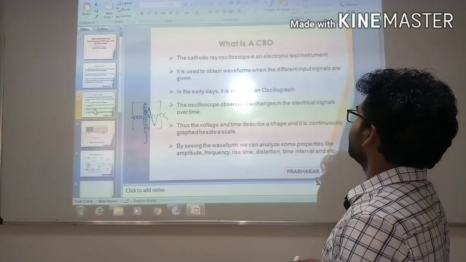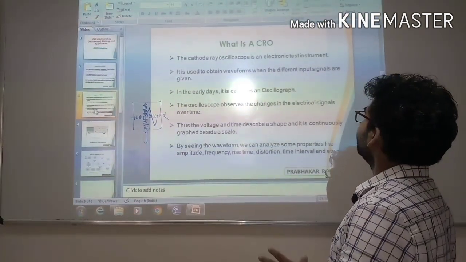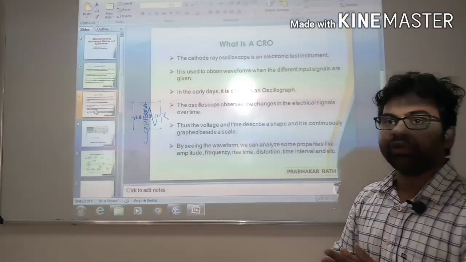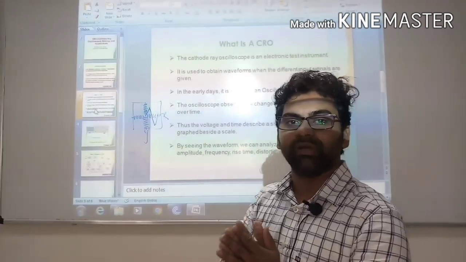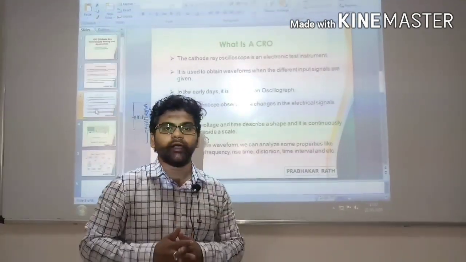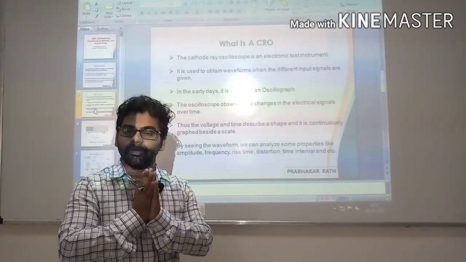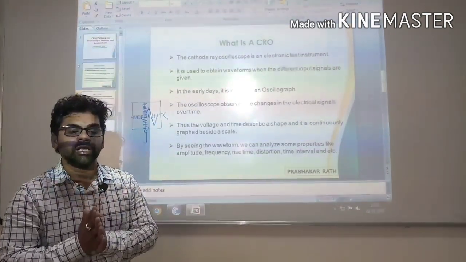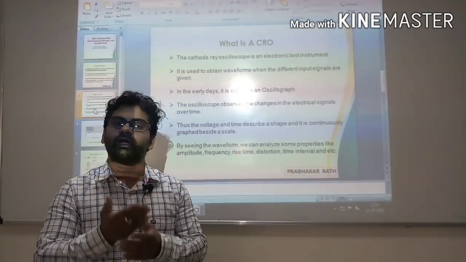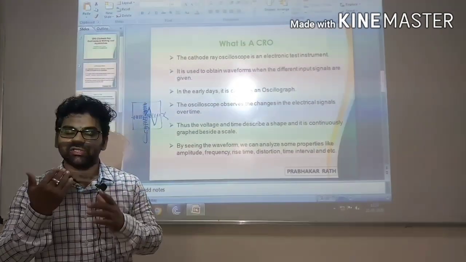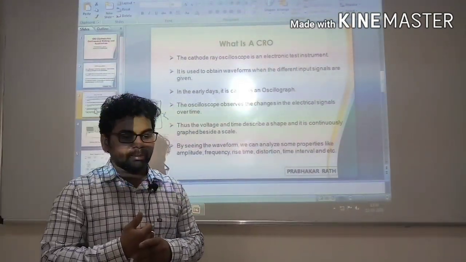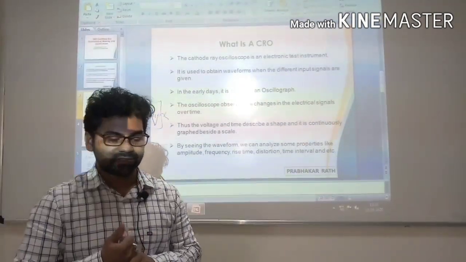The cathode ray oscilloscope is an electronics instrument. We are using so many electronics instruments in our day-to-day lives. Of these, the cathode ray oscilloscope is one of the most important electronic instruments which we use in our college laboratory, in our research applications, and many more industrial applications.